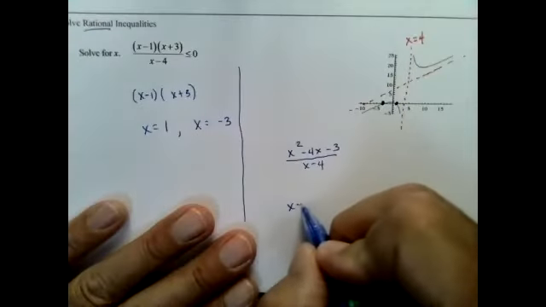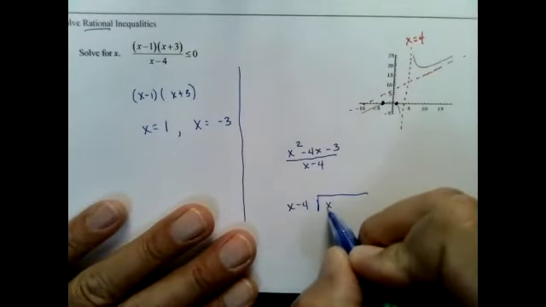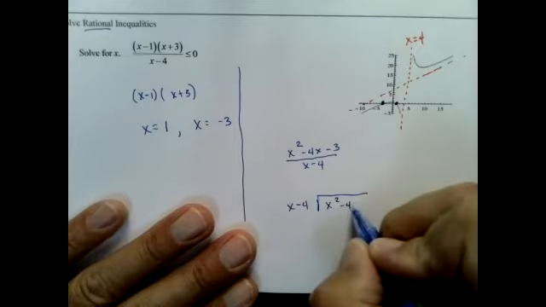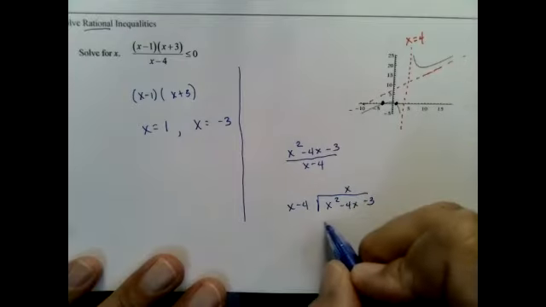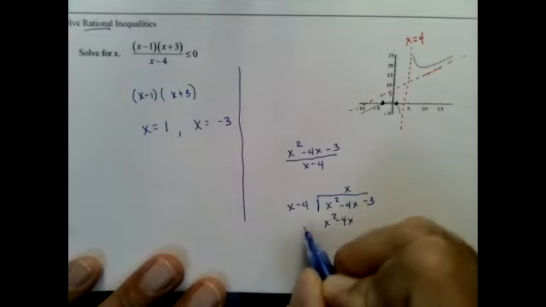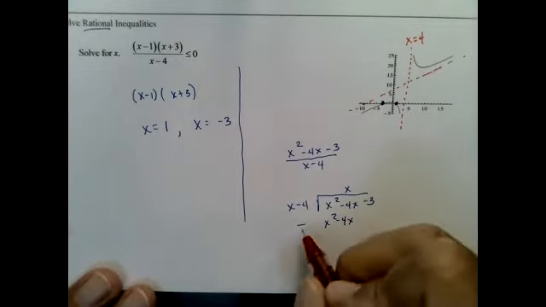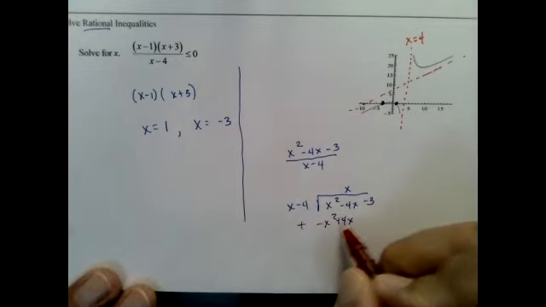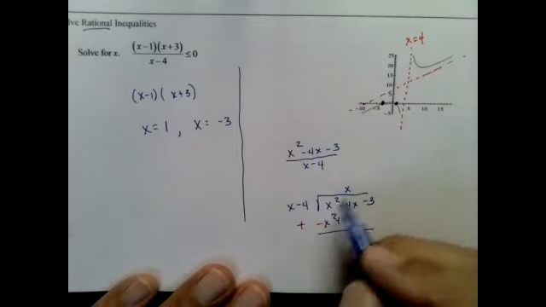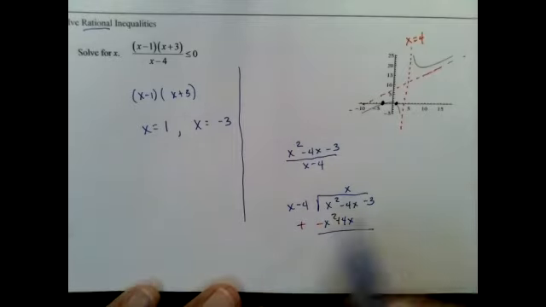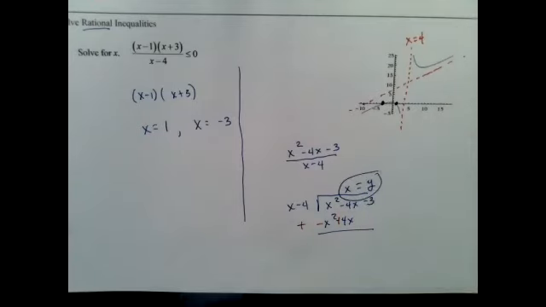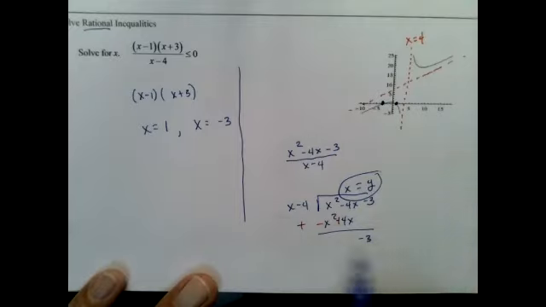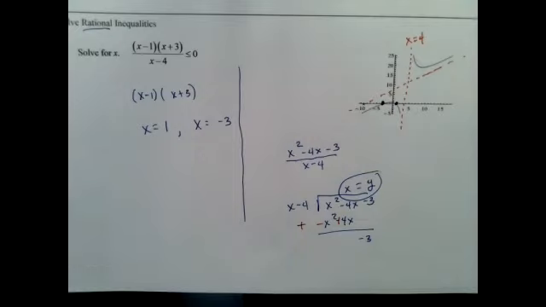I take x minus 4 divided into x squared minus 4x minus 3, multiplied by x, I get x squared minus 4x. Subtract is the same as adding the opposites. 0, 0, 0, 0. So this is actually y equals x is my slant asymptote, because I bring down negative 3 and x doesn't go into negative 3. So my slant asymptote is actually the line y equals x.